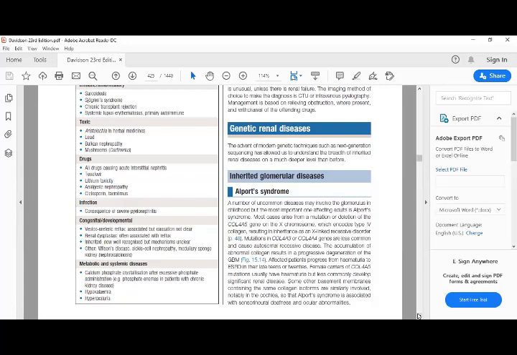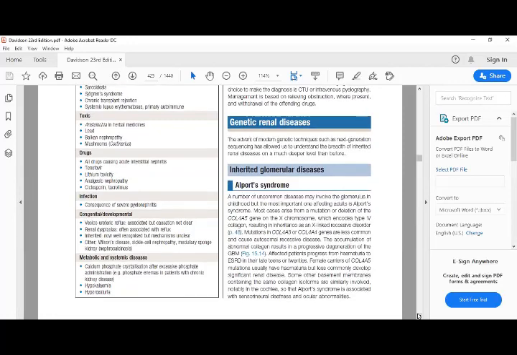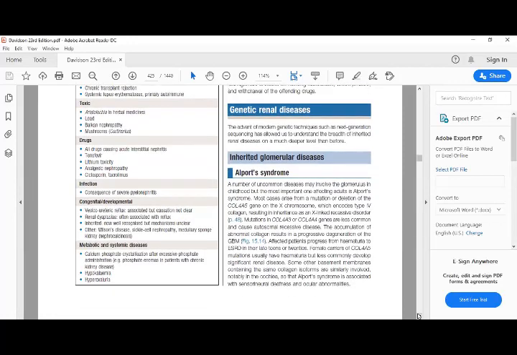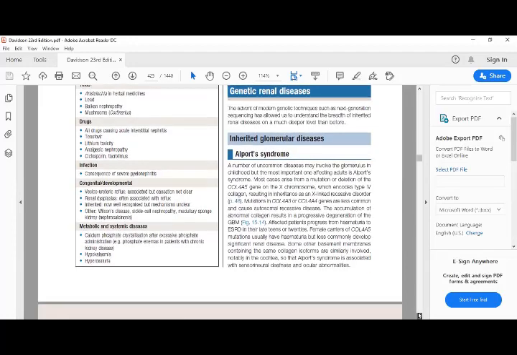Some other basement membranes containing the same collagen isoforms are similarly involved, notably in the cochlea, so that Alport syndrome is associated with sensorineural deafness and ocular abnormalities.